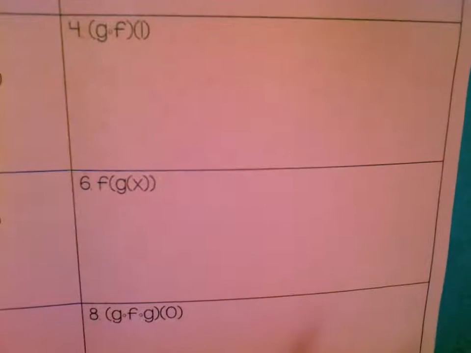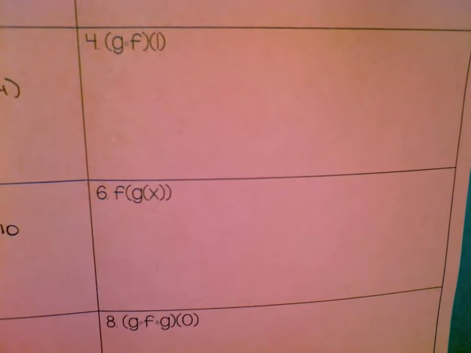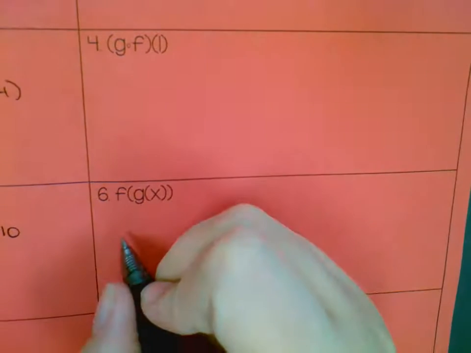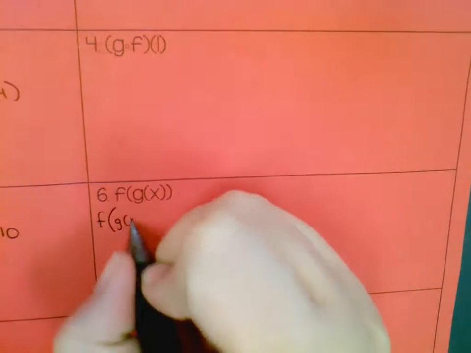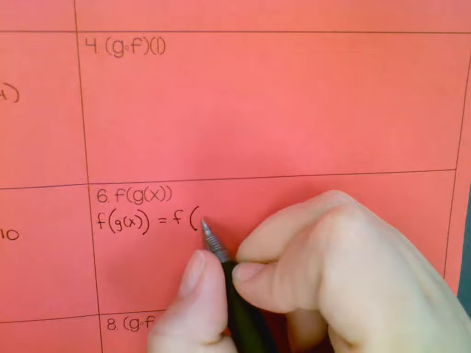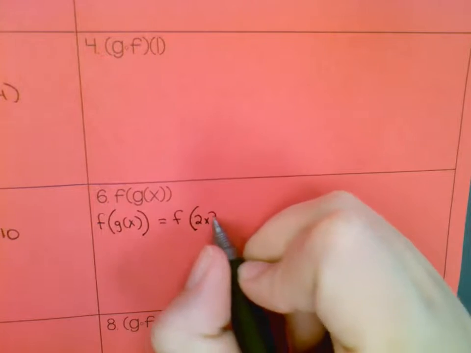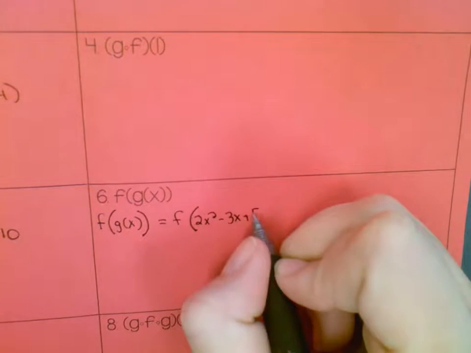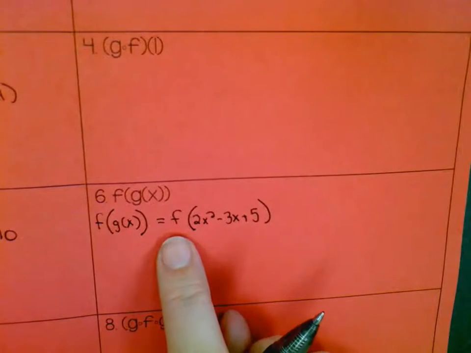Let's look at 6. For number 6, it's f of g, so we're plugging g into the equation f. That means f of g of x means I'm plugging in the function g, which is 2x squared minus 3x plus 5, into all the x's of f.